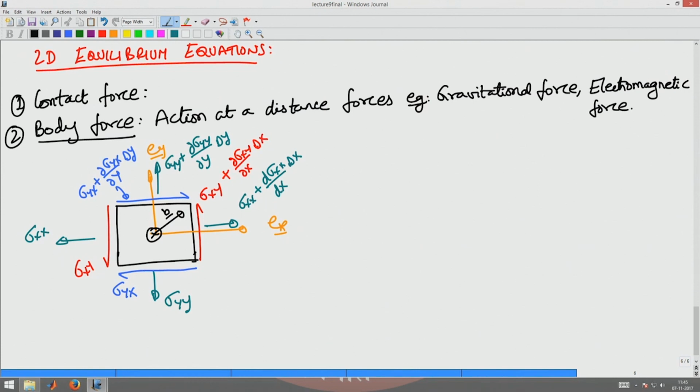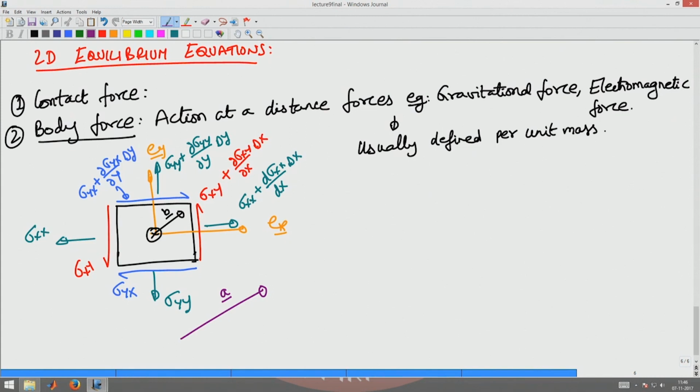Now this body force is usually defined per unit mass for understandable reasons, because you are more interested in the gravitational force which depends upon the mass of the body. Hence this cube is travelling at a velocity v with an acceleration a in the plane of the diagram.